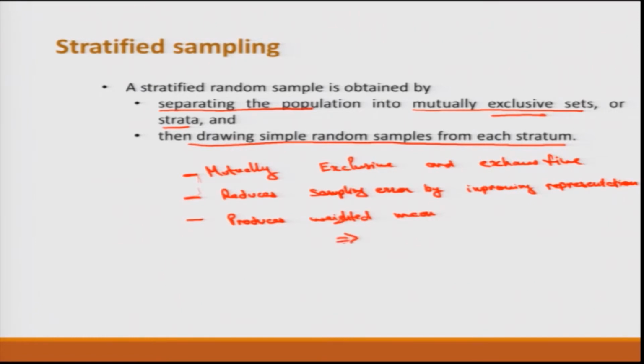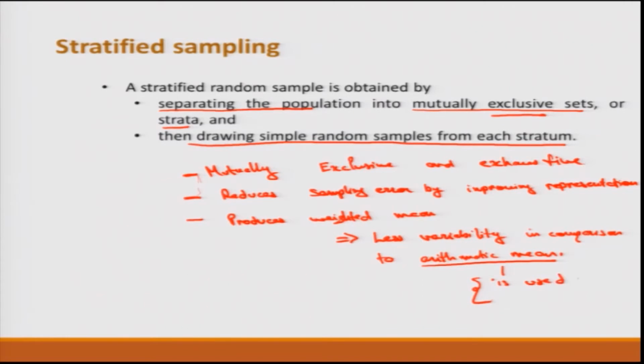That implies less variability in comparison to the arithmetic mean. Just to mention, the arithmetic mean is used in simple random sampling. So, the variability in stratified sampling is less.